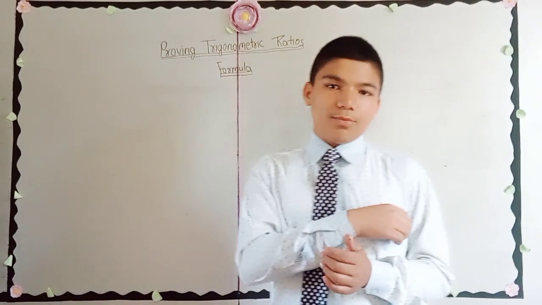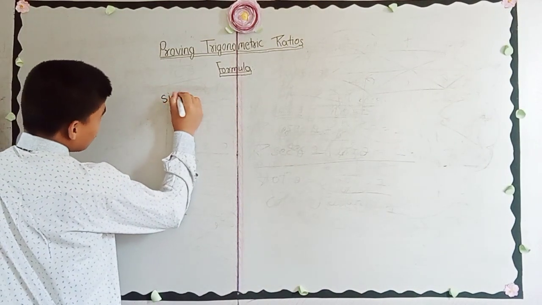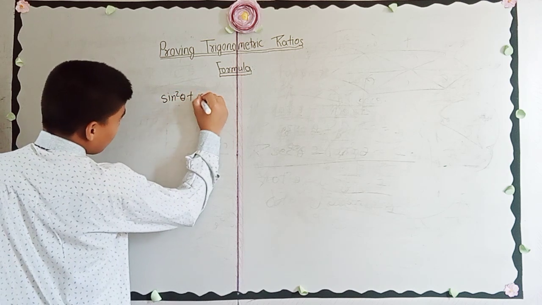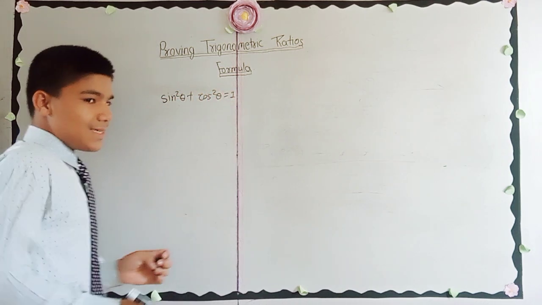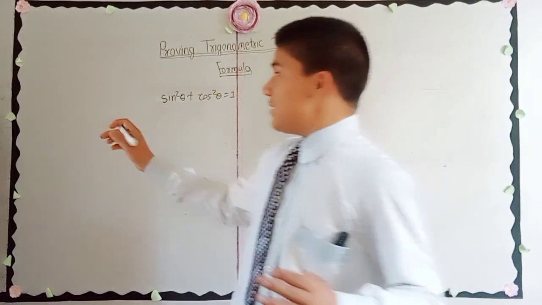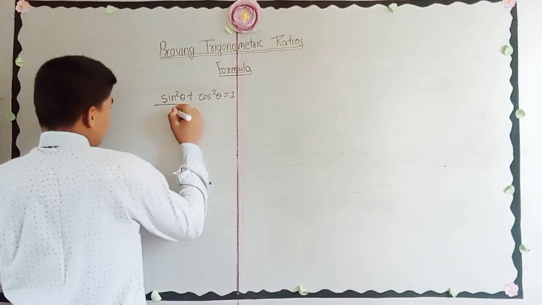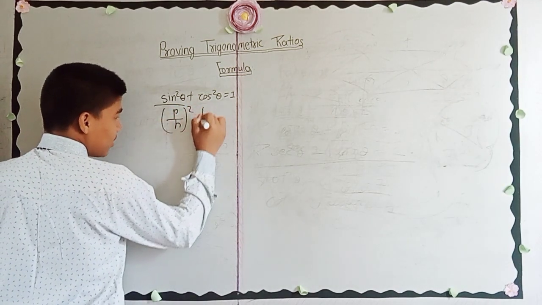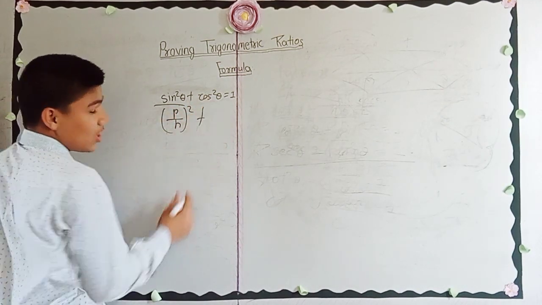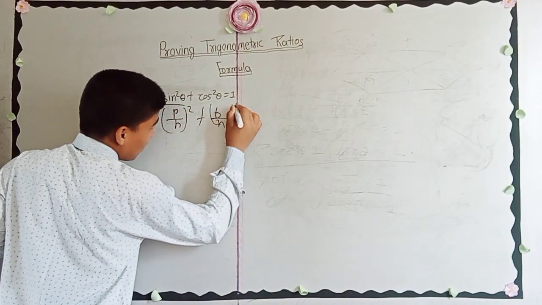So the first formula of the Pythagoras relation was sin square theta plus cos square theta is equal to 1. As I told you, here also you have to write sin theta in the ratio form. So the ratio of sin theta is p by h, whole square, plus cos theta means b by h, whole square.